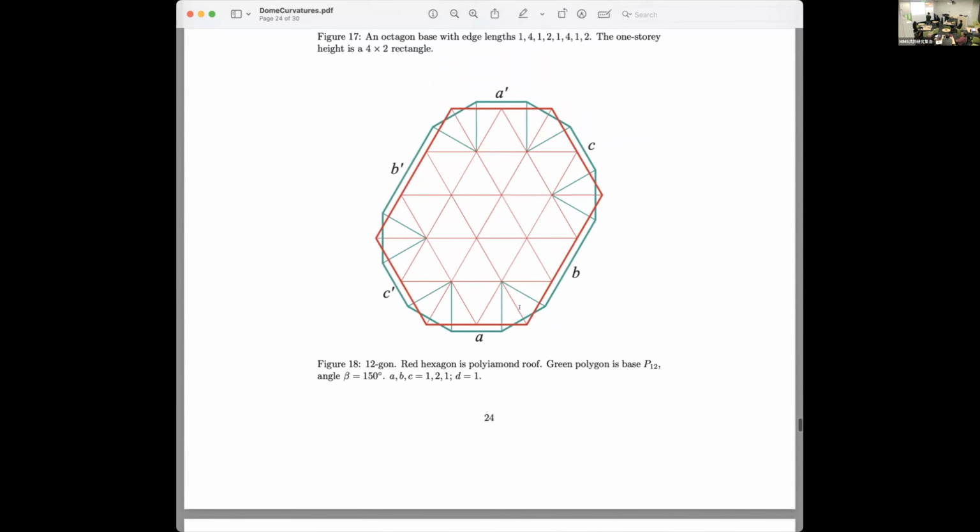But we use something like this where we started with a base on an equilateral lattice. Here there are 12 edges, 12 green edges.